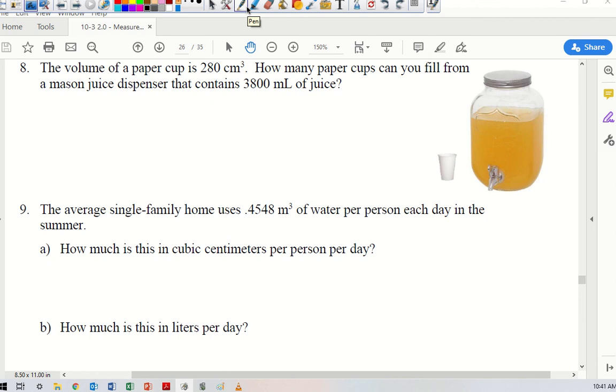So, the volume of a paper cup is 280 cubic centimeters. We want to figure out how many cups you can fill from a Mason juice dispenser that contains 3,800 mils of juice. So from this one, same as before, we know that 1 cup is equal to 280 cubic centimeters, okay? And what we saw from the last one is that 280 cubic centimeters is the same as 280 milliliters.